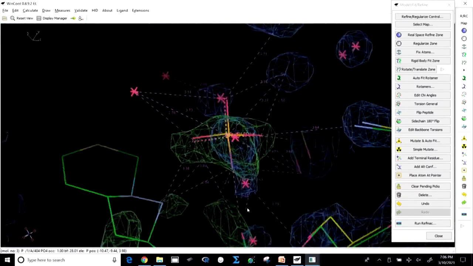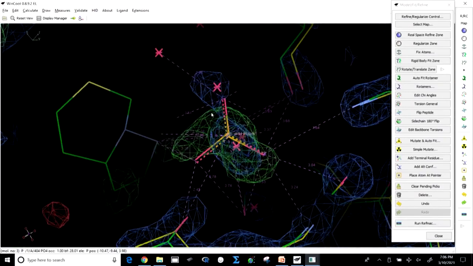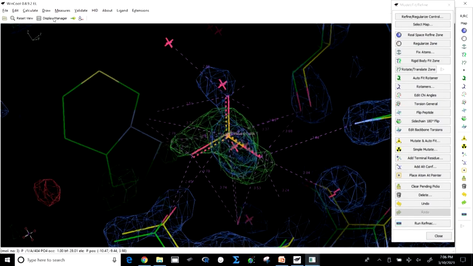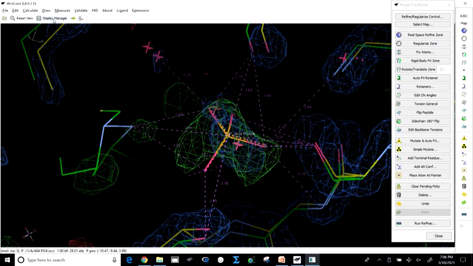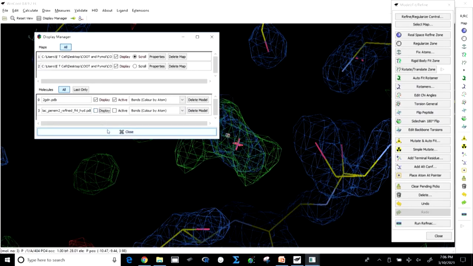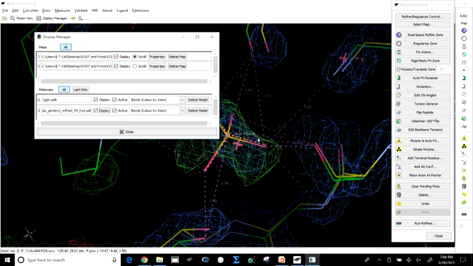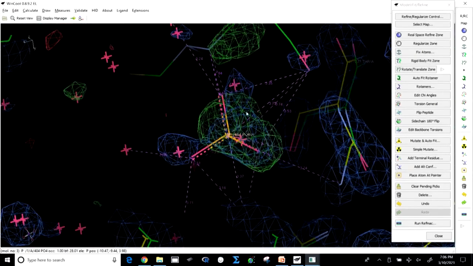The other thing: remember I talked about how, if you see a green density, you could expect that something was there which was not modeled. This is the display manager, and in the display manager you will see all the structures. If I close the structure I modeled, you see there is nothing, but if I put it back, you see there is a good phosphate.